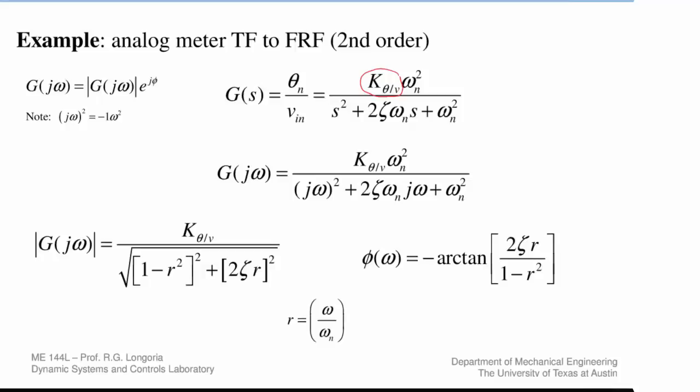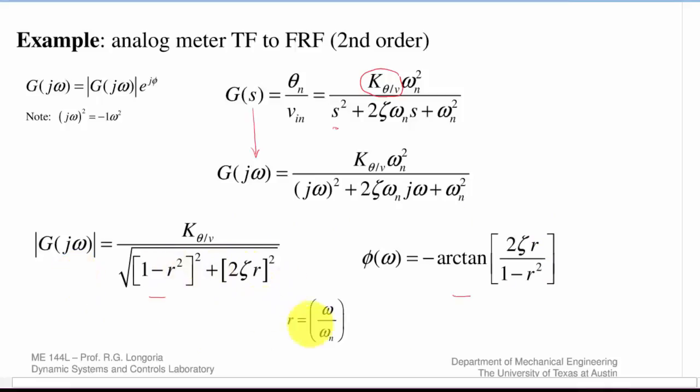We derived this transfer function in the related video on modeling of the analog meter. So all you do now is substitute S equals j omega here and compute your amplitude and phase functions. Now you've got a theoretical model for the frequency response functions of the analog meter.